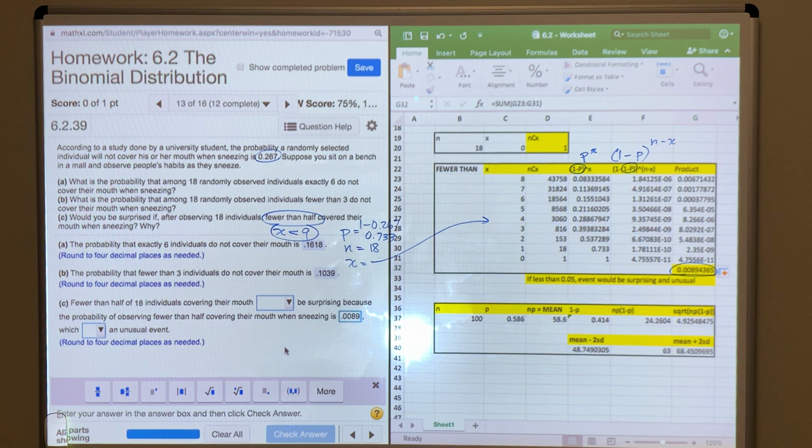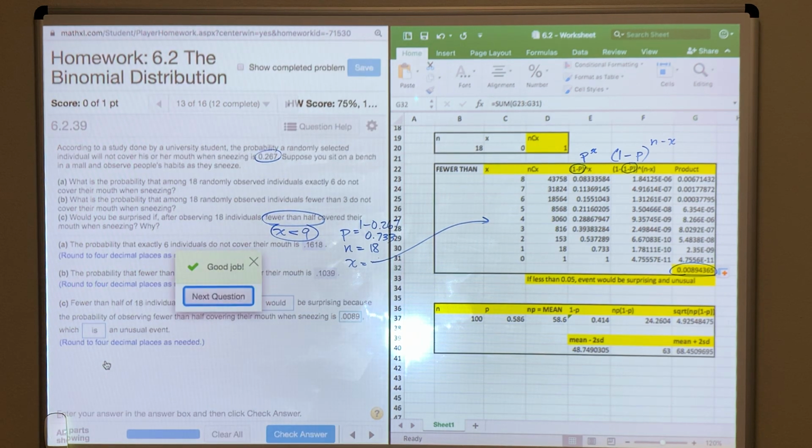Is it less than 0.05? Yeah, it's significantly less than that. Here's 0.05 right here. It's much smaller than that. So it would be surprising because the probability of observing fewer than half is 0.0089, much smaller than 0.05, which is an unusual event. This is a hard problem in its own right.